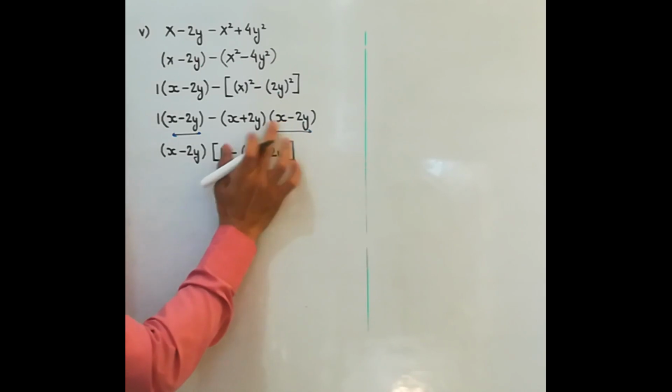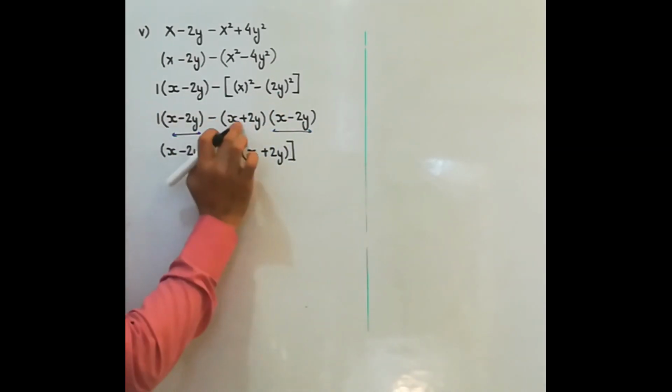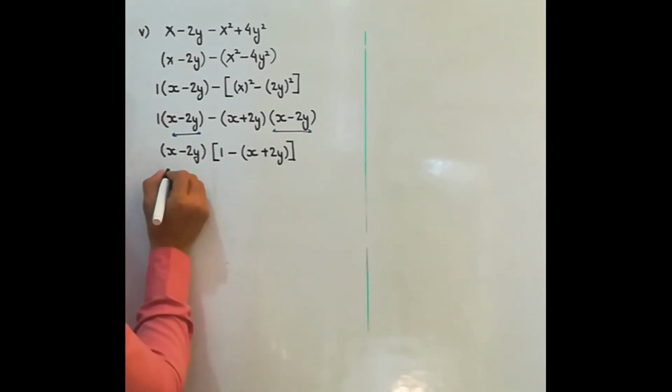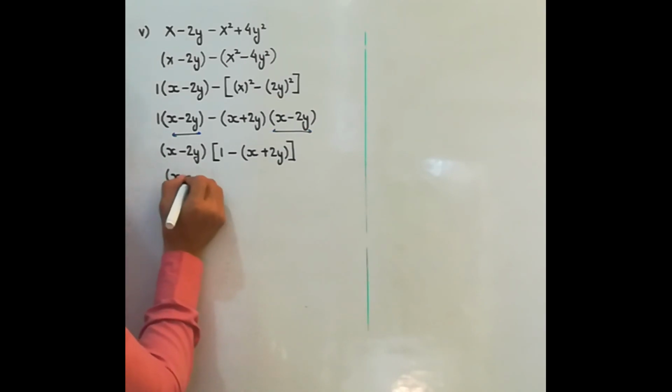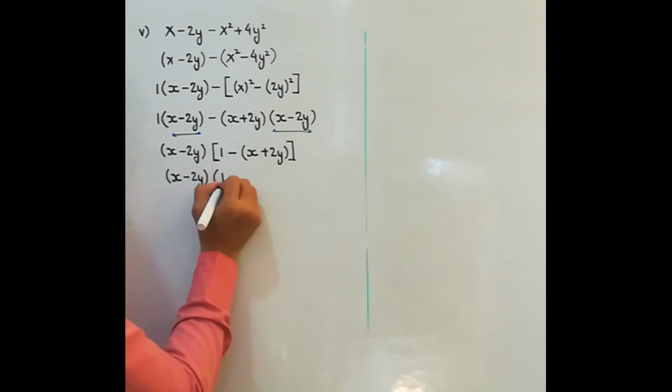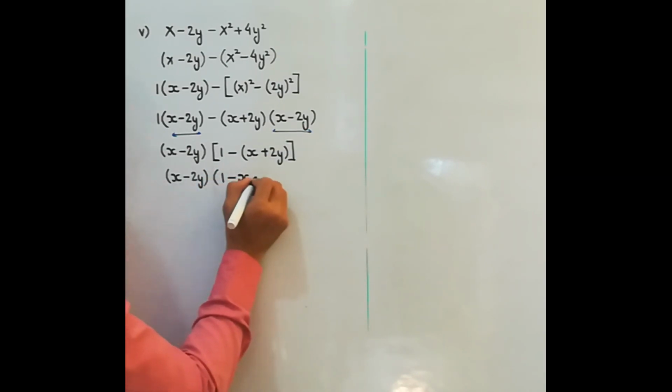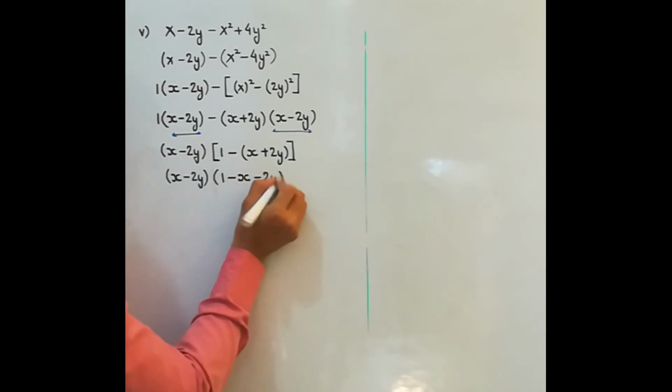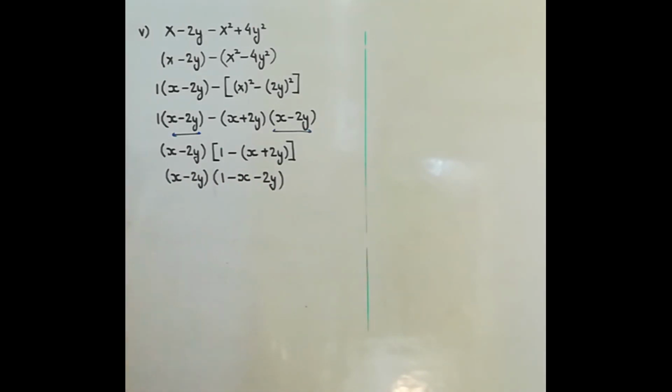Hope this is clear. From these two, this was taken common, so you are left with this. Now when you open the bracket here, this becomes minus x minus 2y. So this will be your answer.